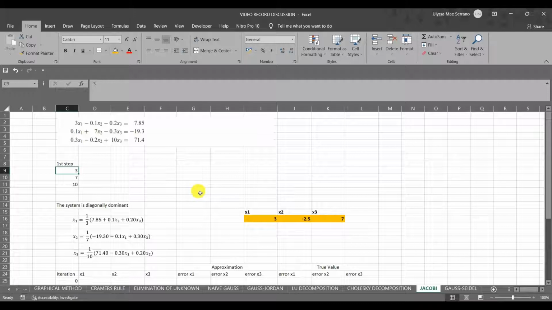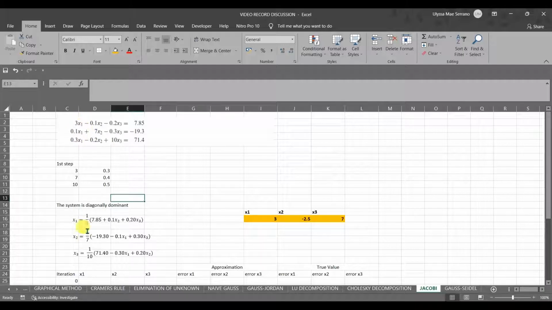So, for example, we're going to check if 3 is dominant in our equation. What we're going to use is to calculate 0.1 plus 0.2. And similarly, 0.1 plus 0.3. So, this will be 0.4. And for our 10, similarly 0.3 plus 0.2. They were all dominant.